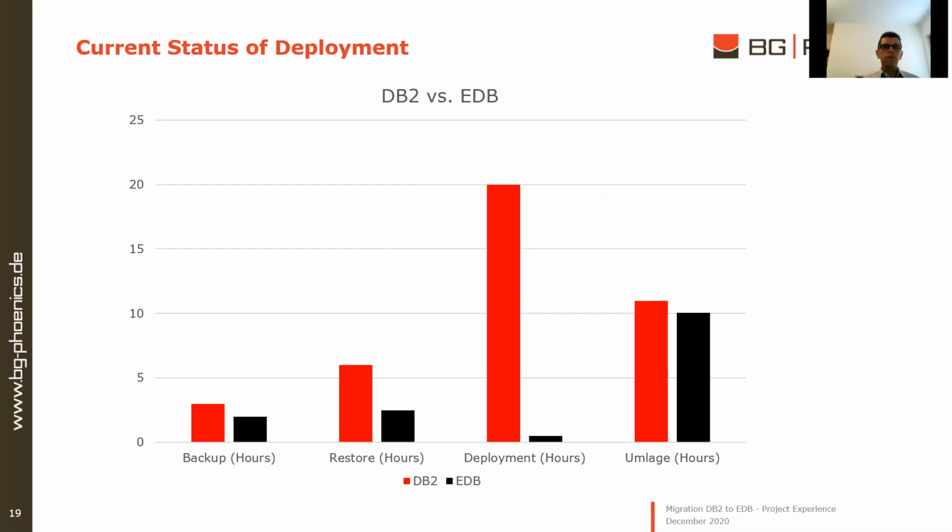The current status of the deployment. Short slide, few words. The deployment is now much faster. The 20 hours on the slide for the deployment is so as not to overload the picture. As I said, it was days up to 2 weeks for a high availability cluster.